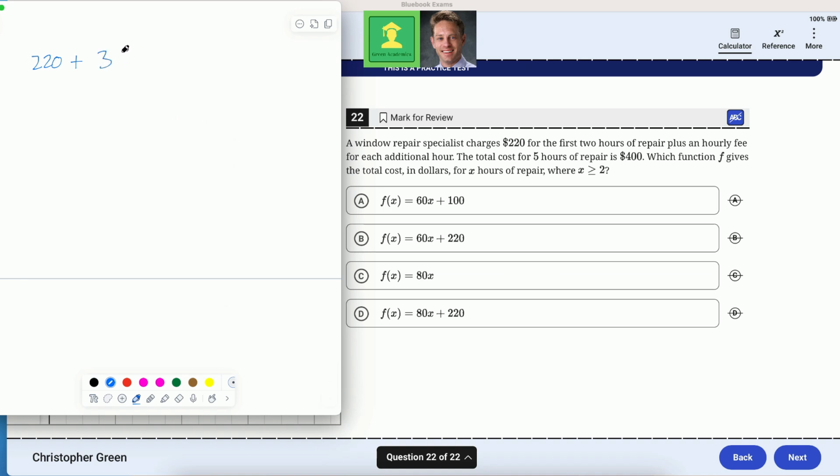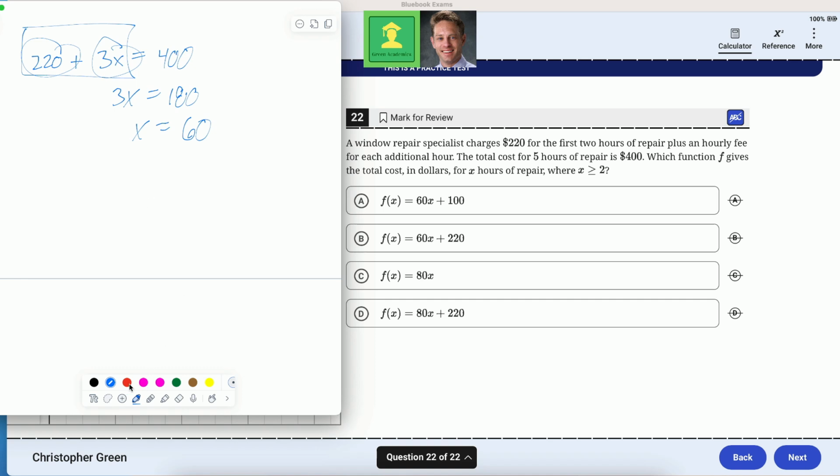I'm going to call it plus 3x, which is what gives you 400, right? That's the first 2 hours and then 3 additional hours. This is 5 hours, gets you to 400. You could still get this wrong though. So it's plus x hours for each additional hour.